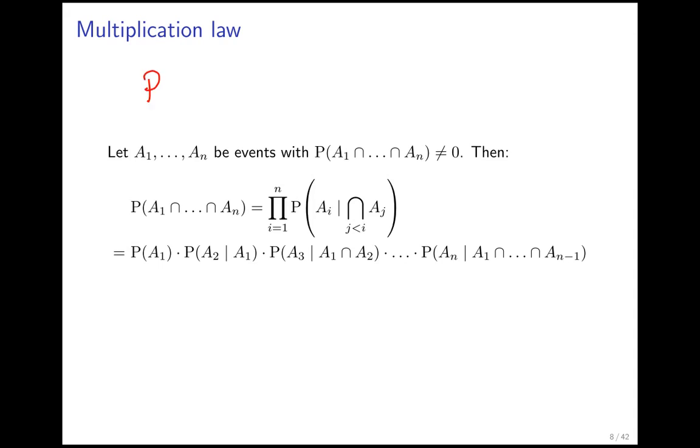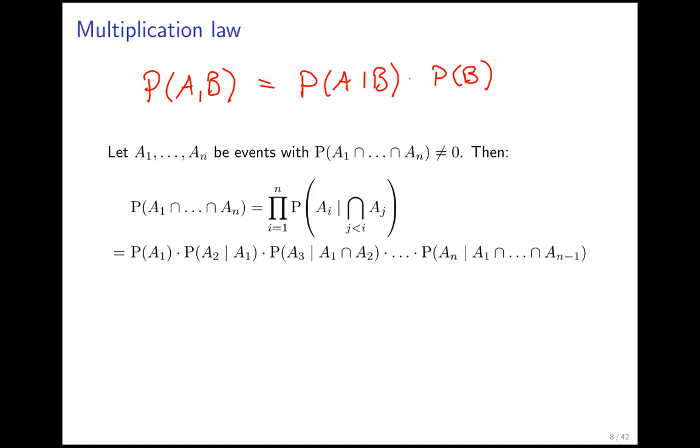Well, we had the joint probability of the two events A and B, and we could decompose them into the conditional probability of A given B times the probability of B. And instead of taking two sets, we can now generalize this to sets A1 through An. And the only prerequisite we have is that the probability of them all happening at the same time is positive. And then we can do the exact same thing.